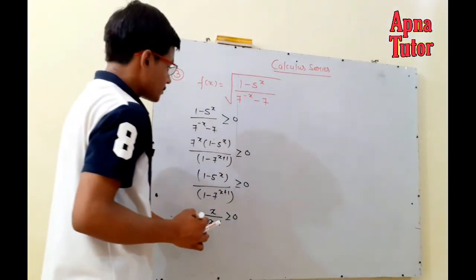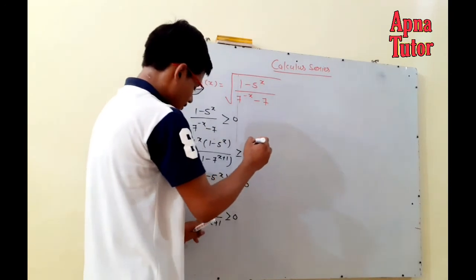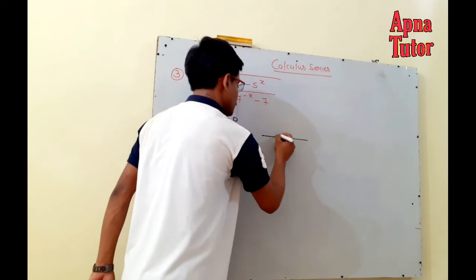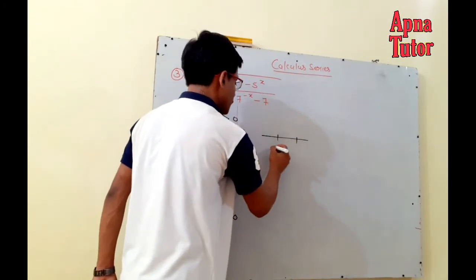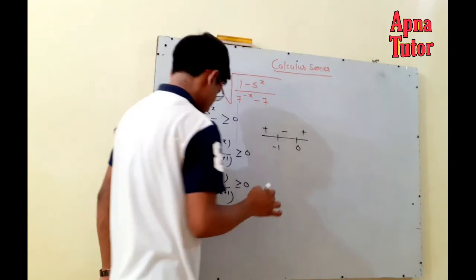So for that you have to find the domain of this function. Now your problem becomes this. So what will be the roots of this, which is minus 1, 0, with signs plus, minus, plus.